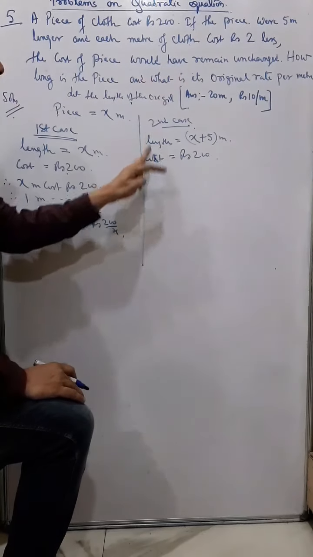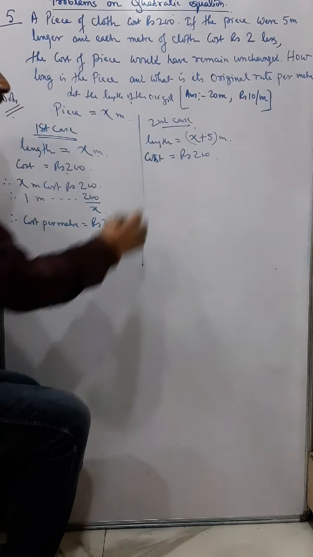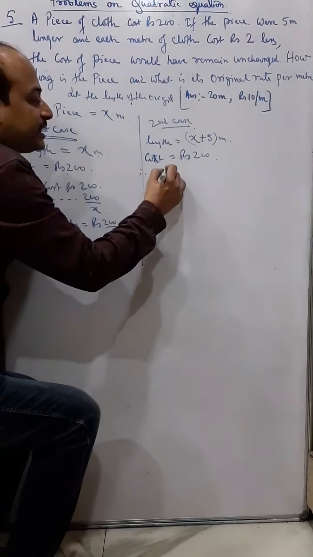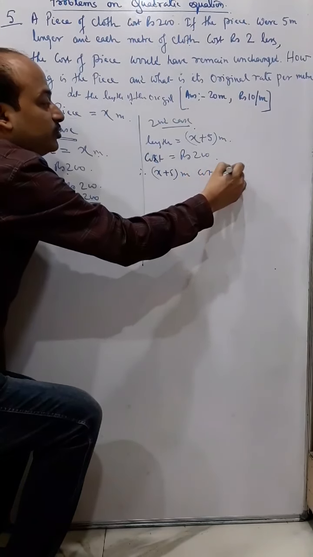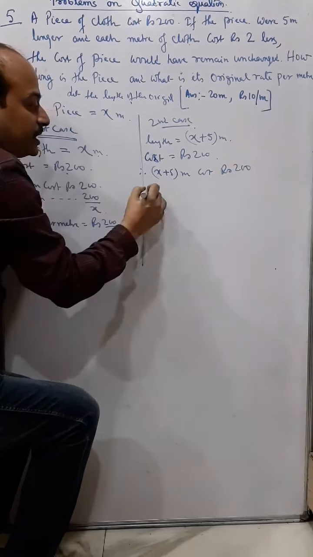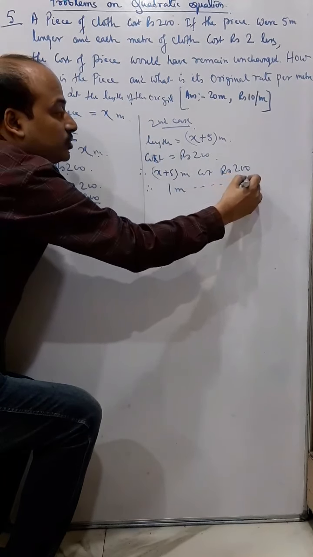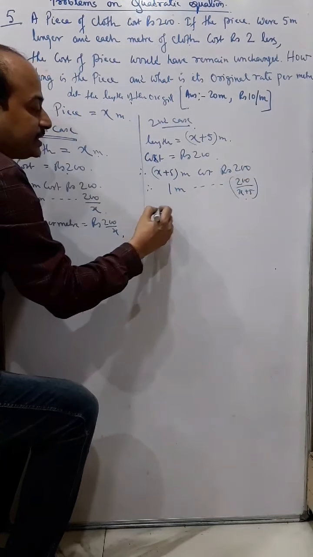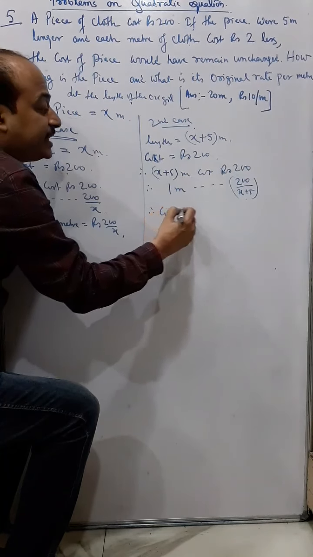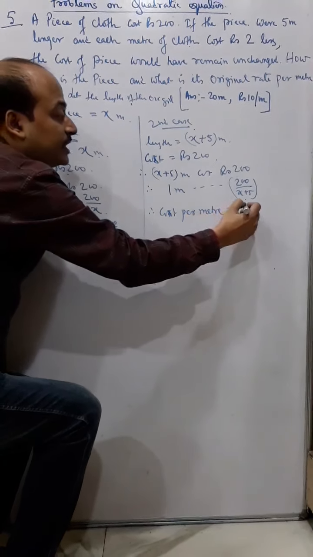So in the second case also the cost of the piece is 200, and therefore x plus 5 meters cost rupees 200, and 1 meter costs 200 by x plus 5. So the cost per meter in the second case is this.